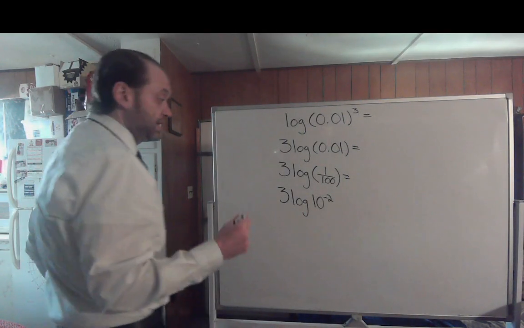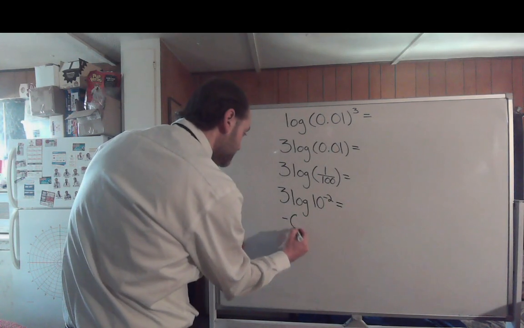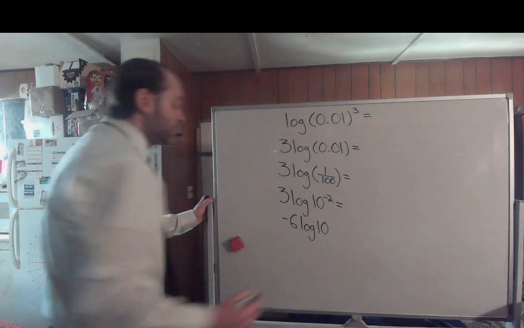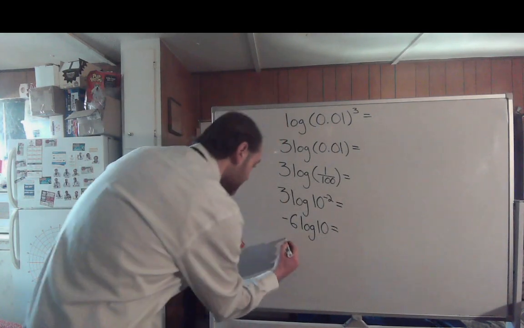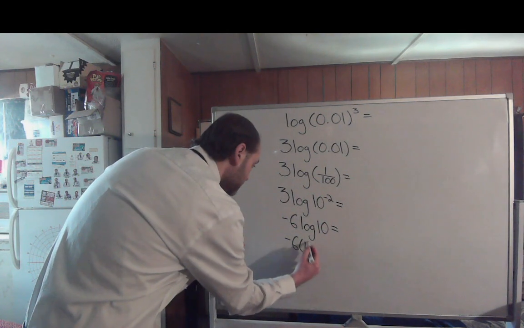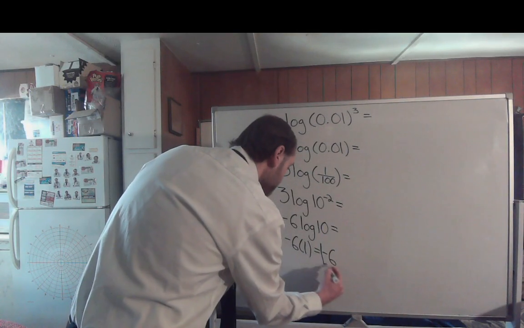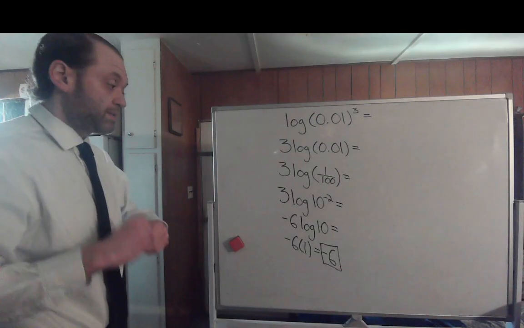You'll multiply that -2 times 3. That would end up giving you -6 log of 10. So what's log 10? That's 1, right? You'll end up getting -6 times 1, which would just give you -6. So the answer to this should end up being -6.